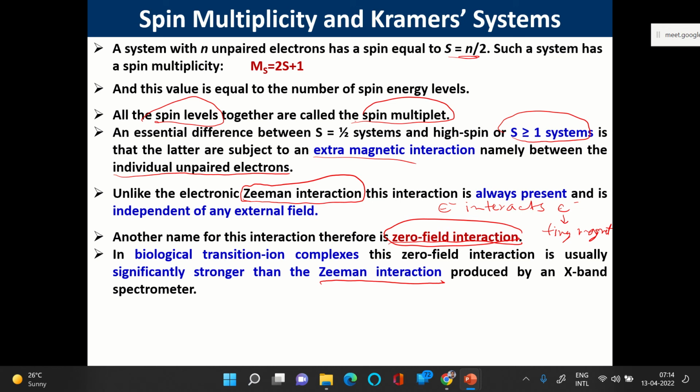So that's how interaction happens, particularly for S greater than one systems, and this interaction leads to a splitting, which we will see, and that splitting is much larger than the splitting obtained when the field is applied.